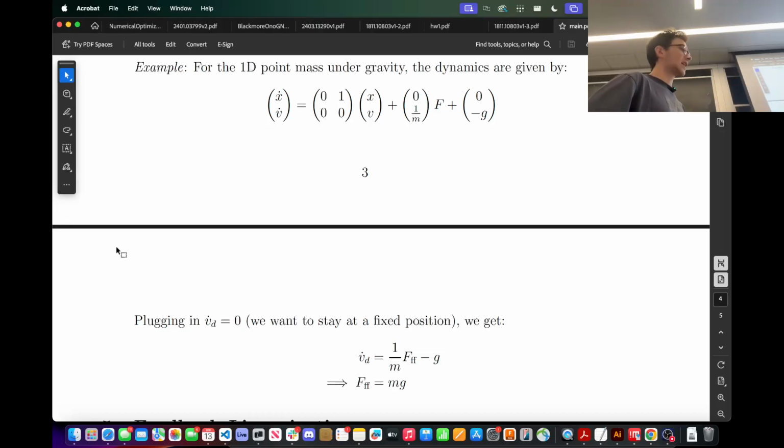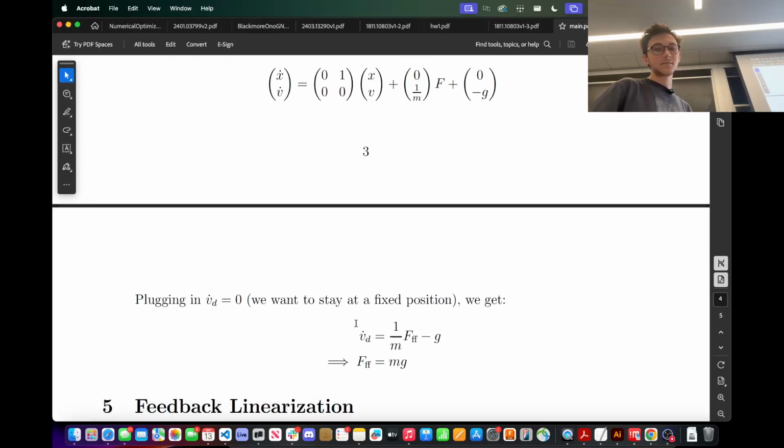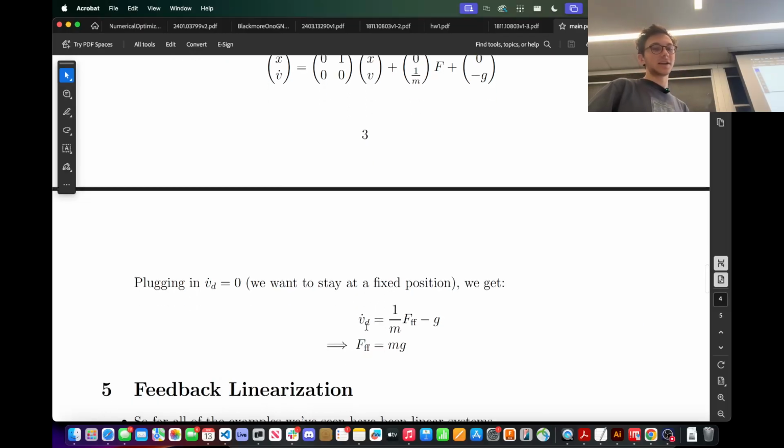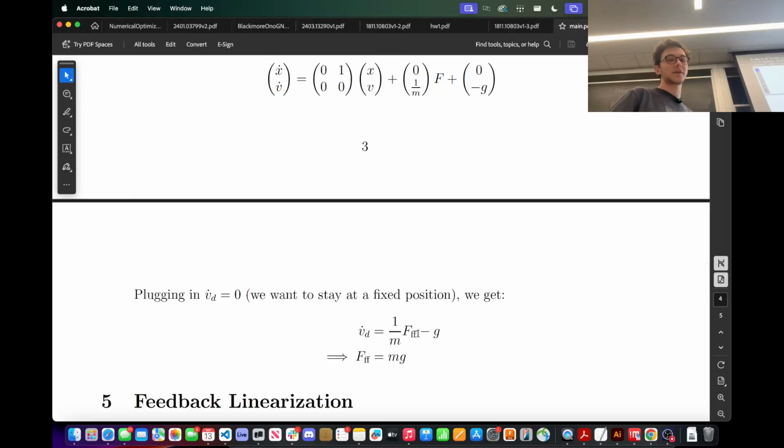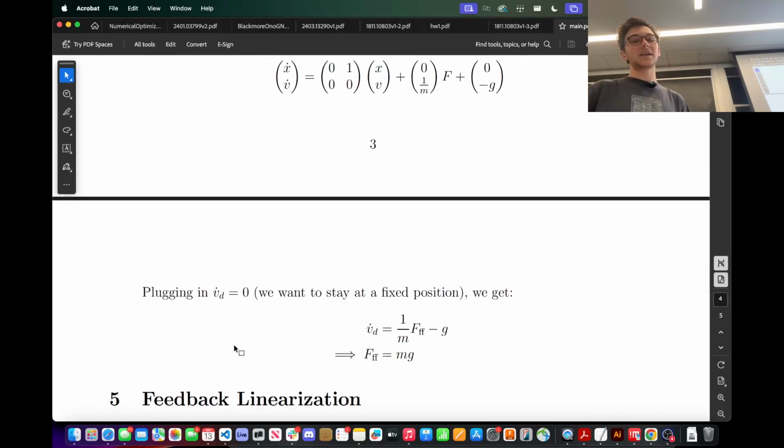So if we plug into our dynamics that V dot D is 0, then we see 0 equals 1 over m times the feedback force minus g. This just comes from plugging V dot D equals 0 into this last line of the equation. And so I can see here that if I wanted my acceleration to be 0, I can provide this feedforward force of gravity upwards. So g is 9.8, minus g down, g up.